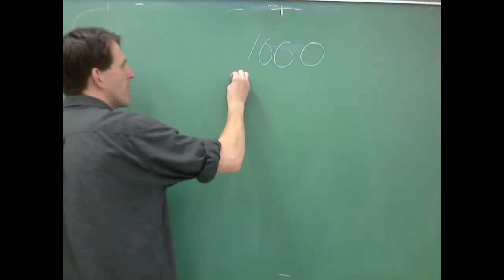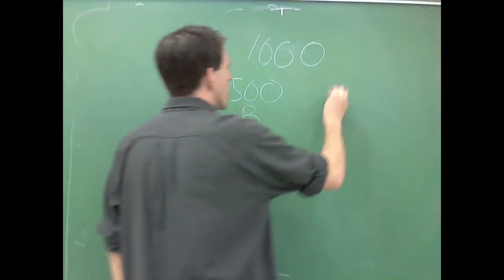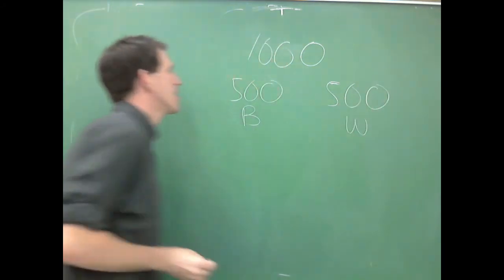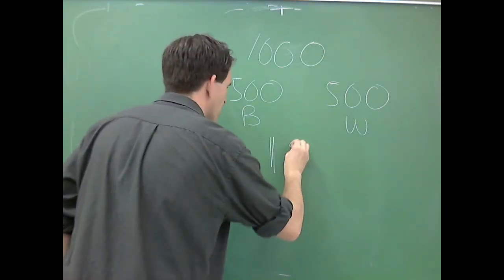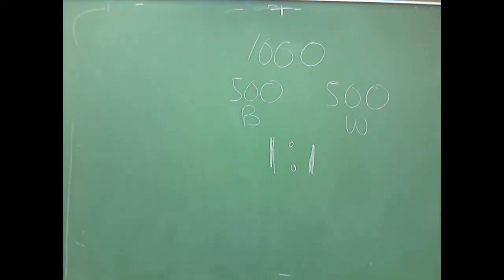And 500 of these plants are blue, and 500 of these are white. What ratio is that? 1 to 1, right? Okay. What kind of cross, what kind of genotypes of the parents could yield that combination?